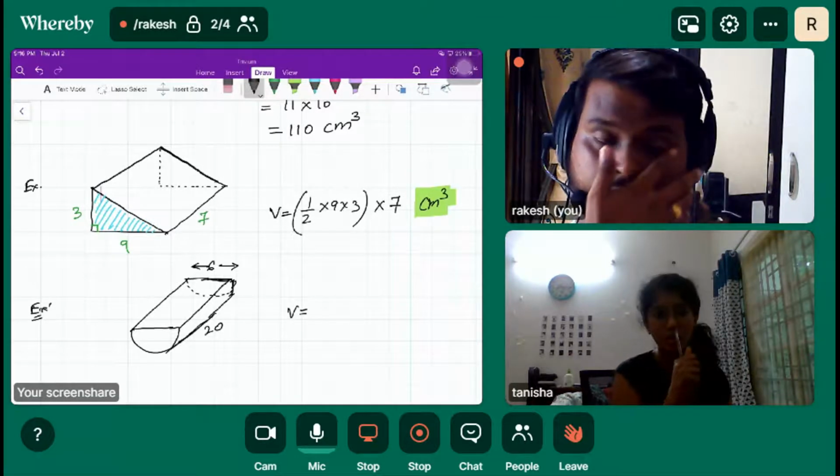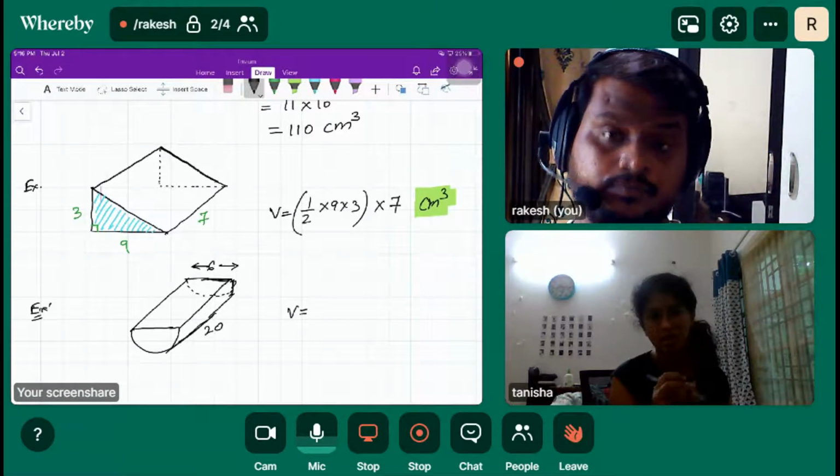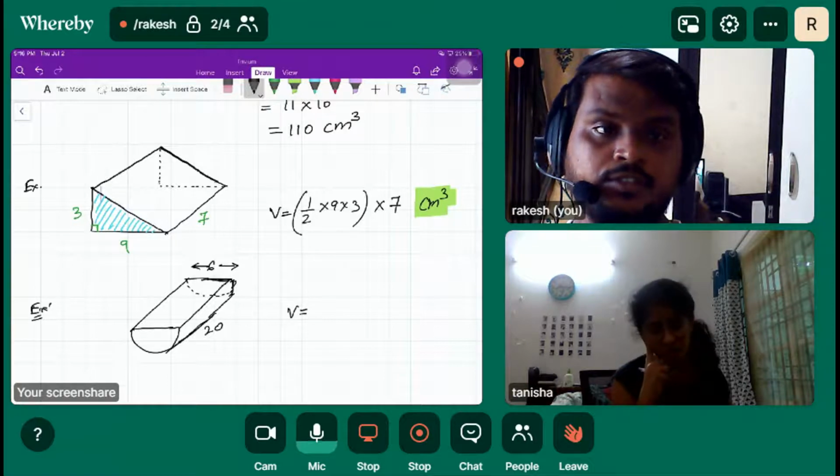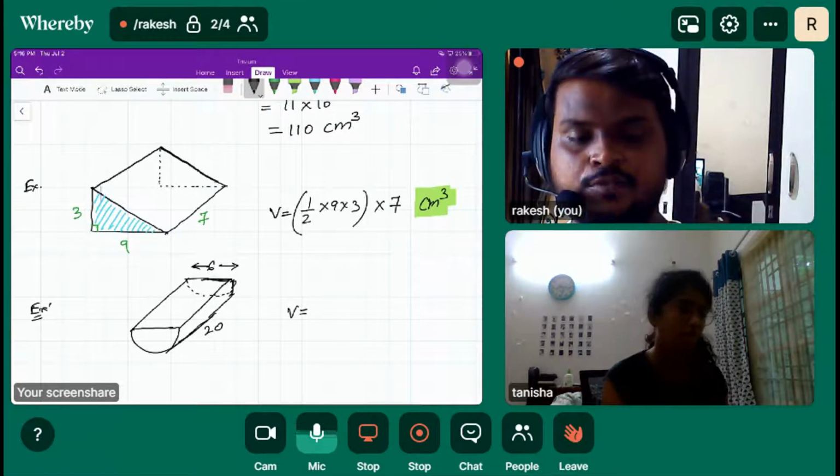So you have to divide it by two because it's only half. Yeah, the radius would be 3.